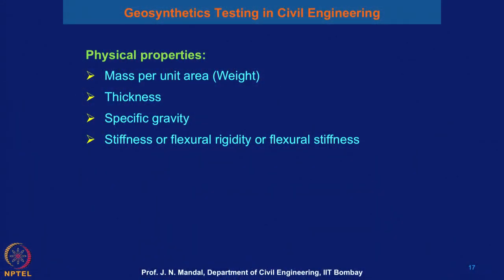Second, what will be the thickness of the geosynthetic material? What is the specific gravity of the geosynthetic material? What will be the stiffness, or flexural rigidity, or flexural stiffness? So, we will discuss one by one how we can determine the different physical properties of the geosynthetic material.